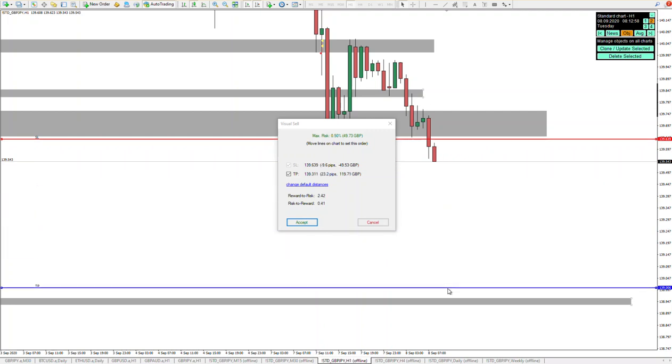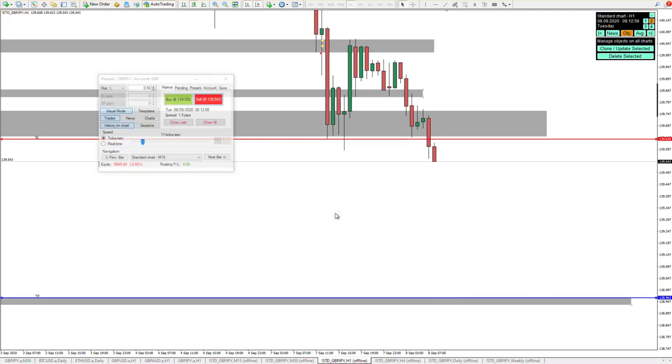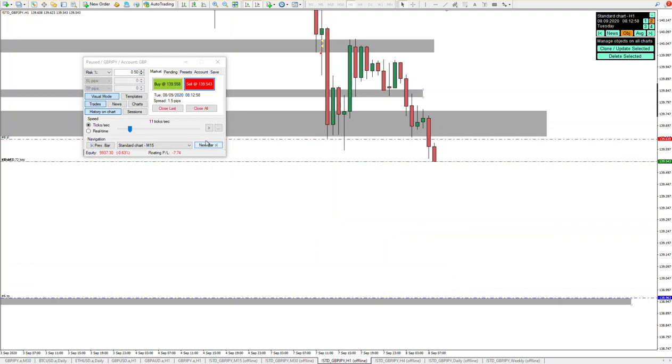And my TP like here. What was that stop in size? 9 pips.